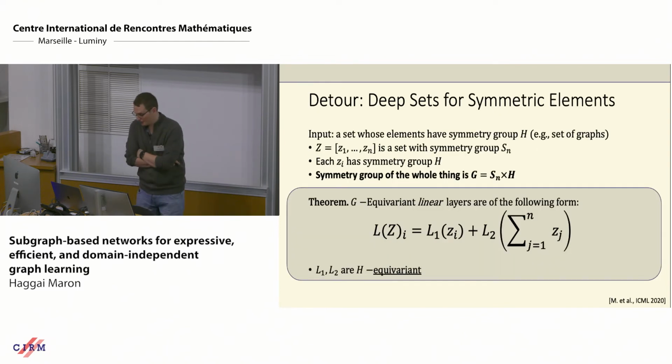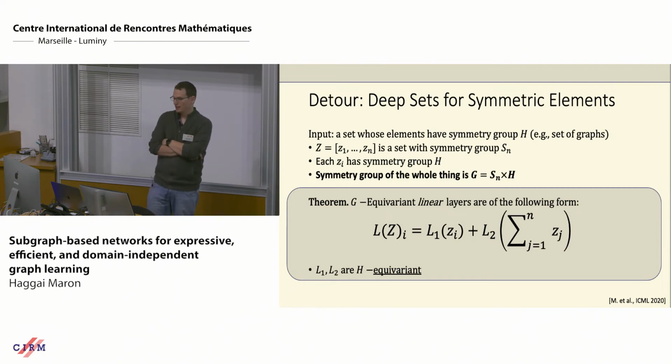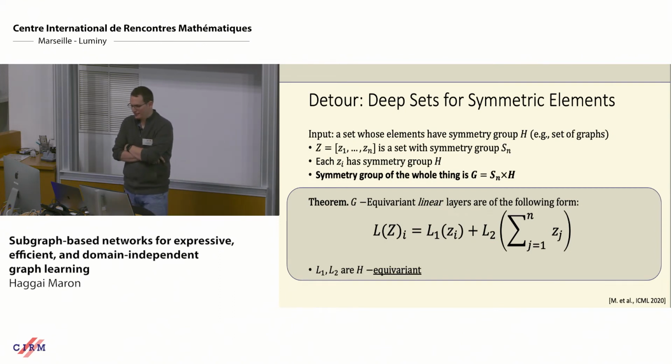And luckily for us, we have a paper from 2020 that deals with exactly this case. So we assume that we have a set of input objects, and each one of those objects has some symmetry H. And we assume that the symmetry group of this whole input is the direct product between them.